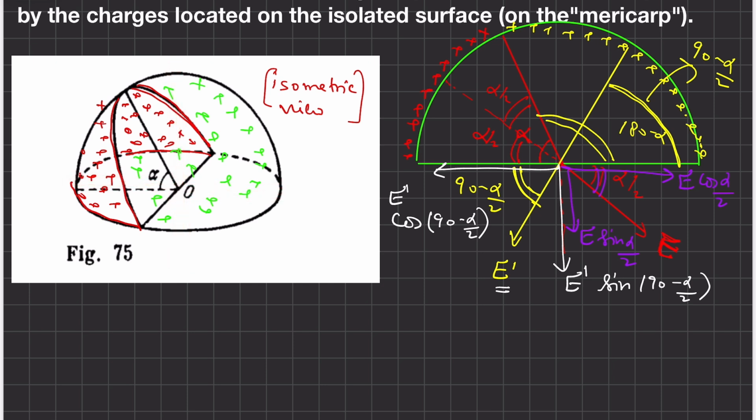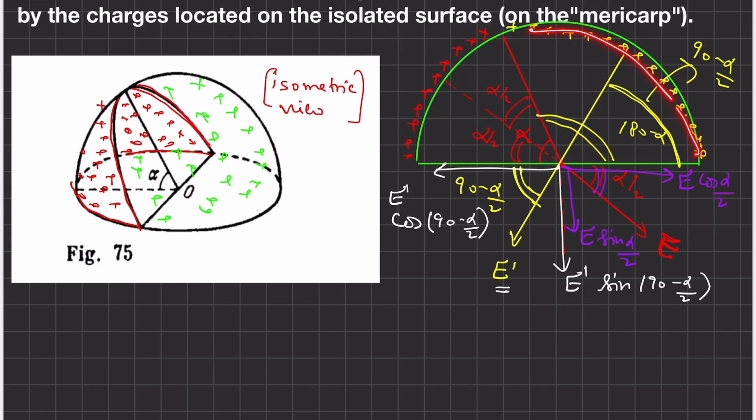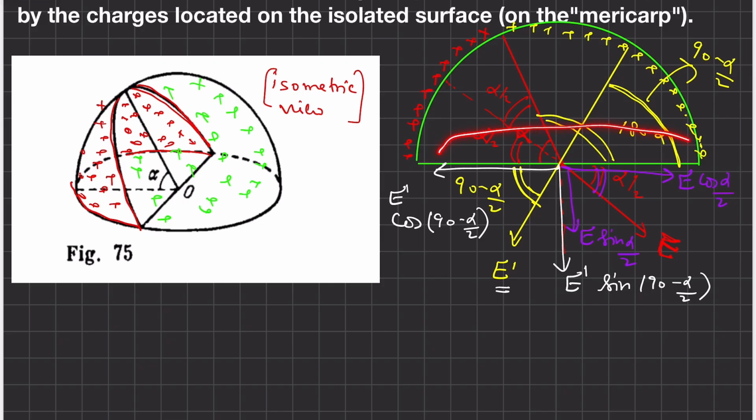So if you talk about this whole portion, this one and this one, using the superposition theorem I can say it will be forming the hemispherical shell only. So the net electric field should be along this direction only, and in this direction there should be no electric field. It means all the horizontal components should be equal to 0.